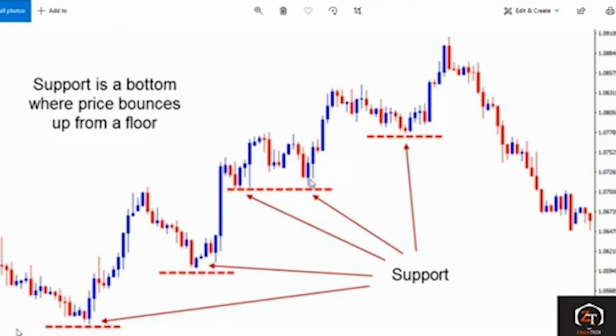Here you see at this bottom line, this dashed line are support areas where the market tends to hit and go up, hit and repel, as you can see in the picture below.